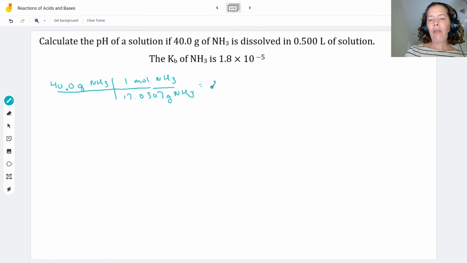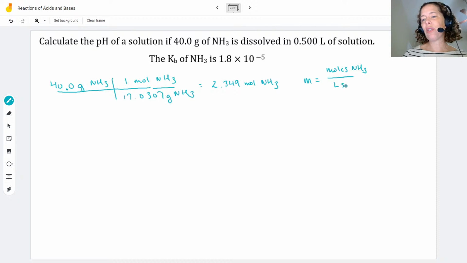Okay, so we have 2.349 moles of ammonia. We need concentration. Remember, molarity is going to be moles of, in this case, ammonia over liters of solution. We just calculated our moles of ammonia, 2.349 moles of ammonia.